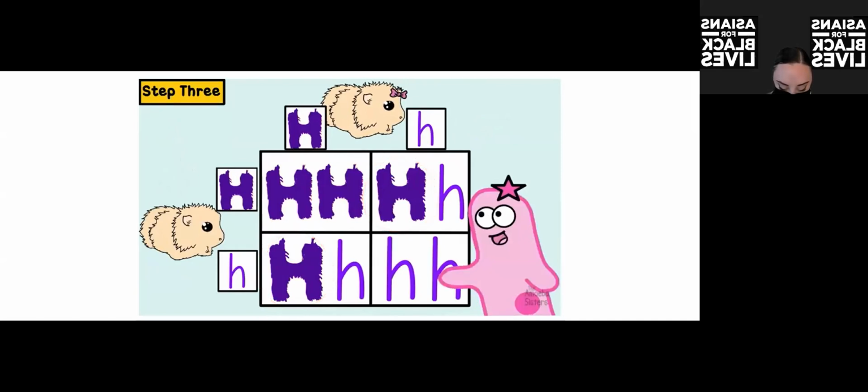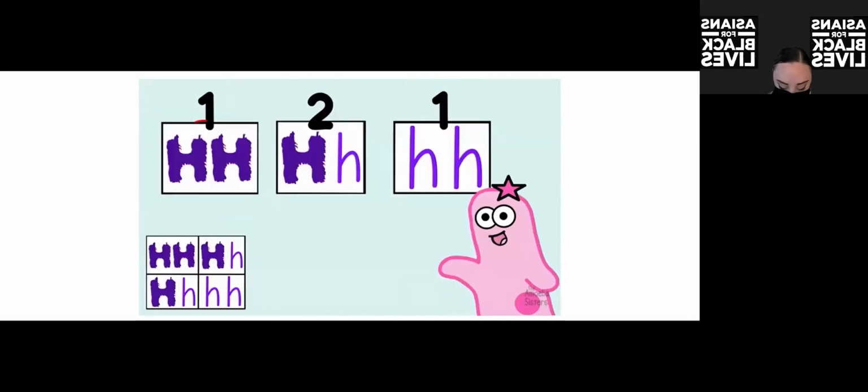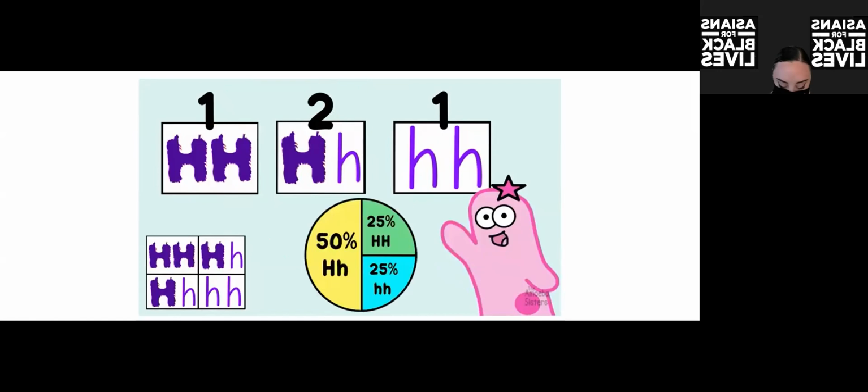Now, if I were to ask you the genotypes of the babies, you could list them out. 1 big H, big H, 2 big H, little h, and 1 little h, little h. I could even turn that into a genotype ratio of 1 homozygous dominant to 2 heterozygous to 1 homozygous recessive, or a percentage. 25% are homozygous dominant, 50% are heterozygous, and 25% are homozygous recessive.